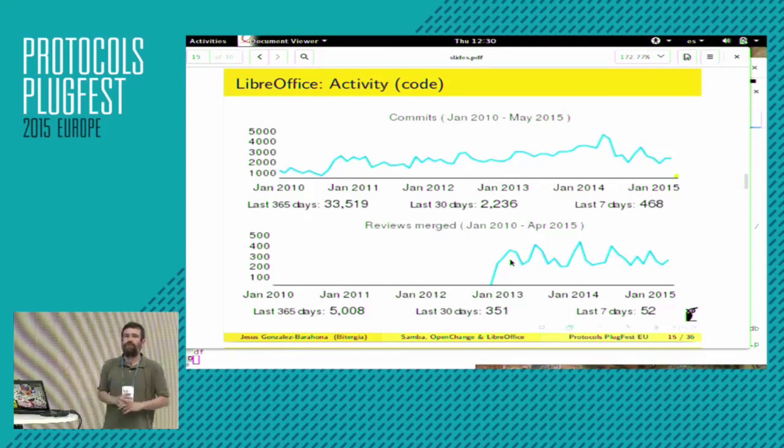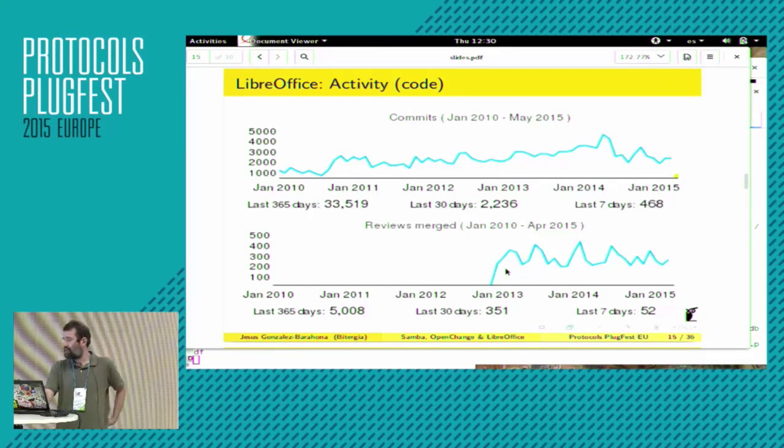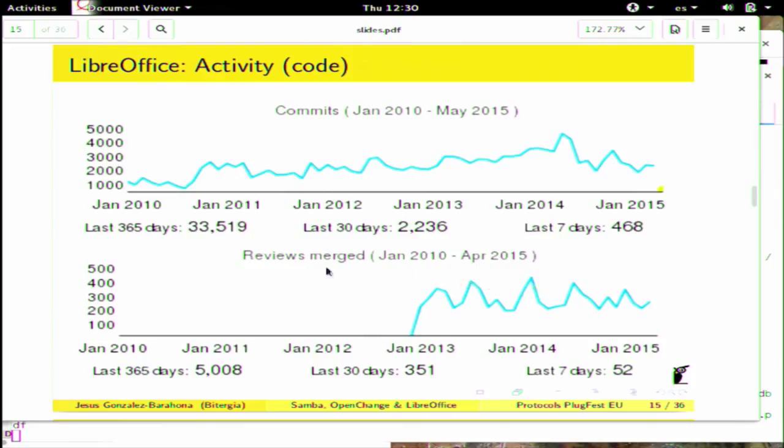Again, we analyzed what we found in the repository. And you can see that it seems they started to do code reviewing about 2 years ago, and right now they are reviewing about 400 commits a month, while they are committing about 2,000 commits a month. So they are doing code review for a part of all the commits, not for the whole thing.